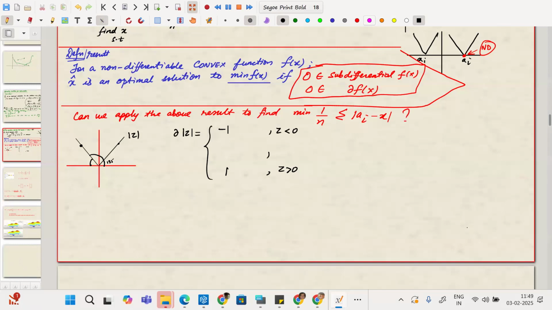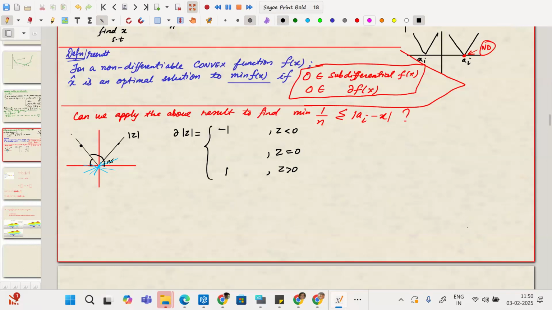Okay. If z is equal to 0, this is the interesting thing. Why is it non-differentiable? I told you. It is non-differentiable because at this point, you can have a lot of different slopes. The slope can be this, this, or this. Lot of things are possible. But the slope will be a number between minus 1 and 1.